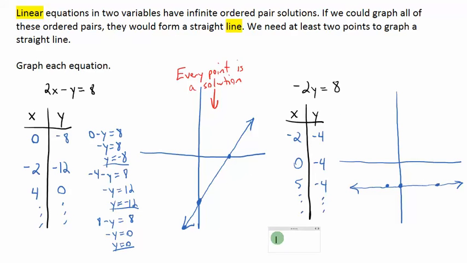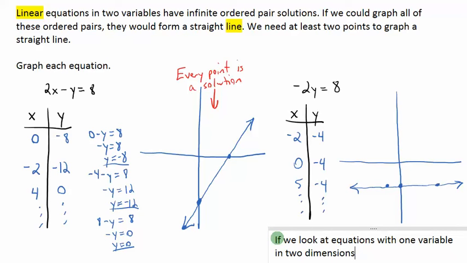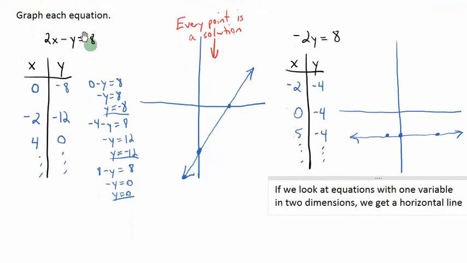So if we look at equations with one variable in 2 dimensions, we get a horizontal line, as we see here, or a vertical line.